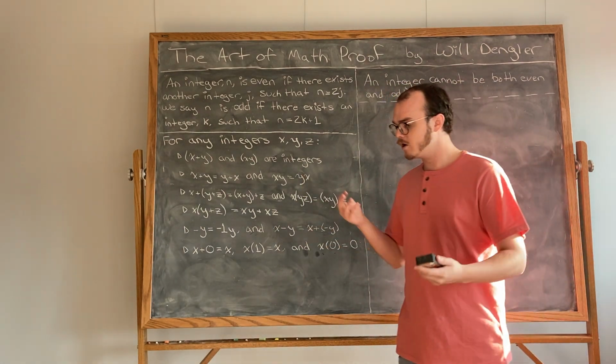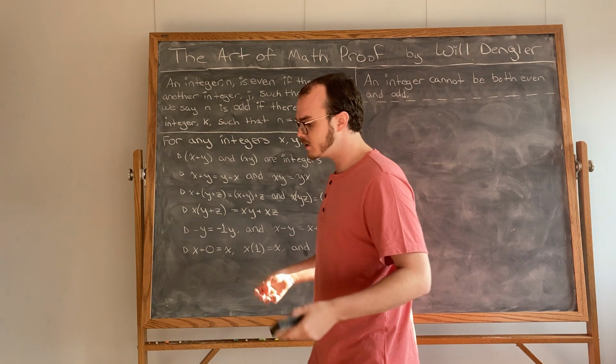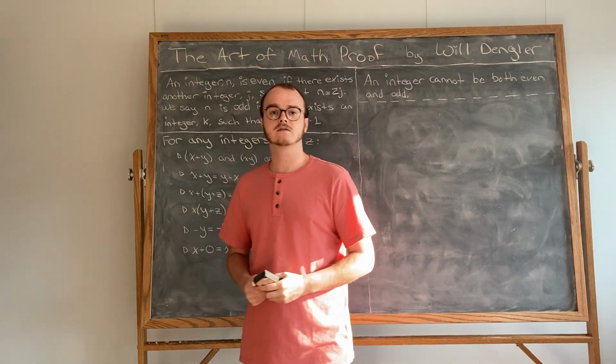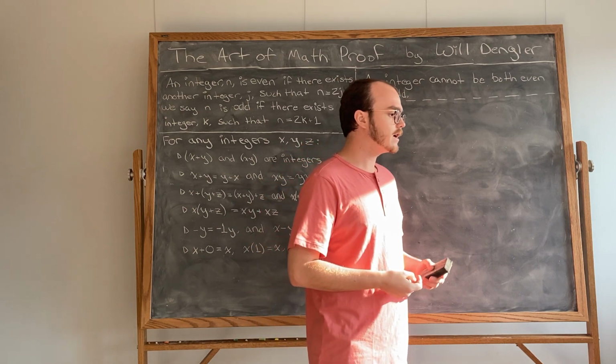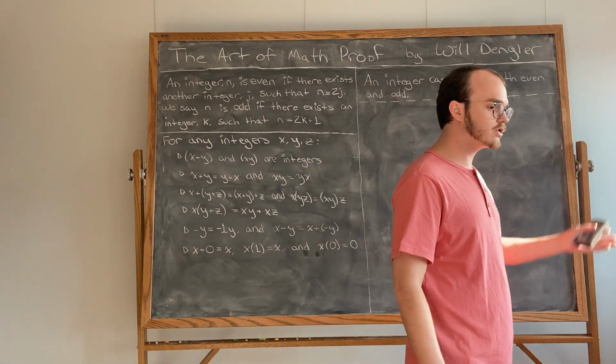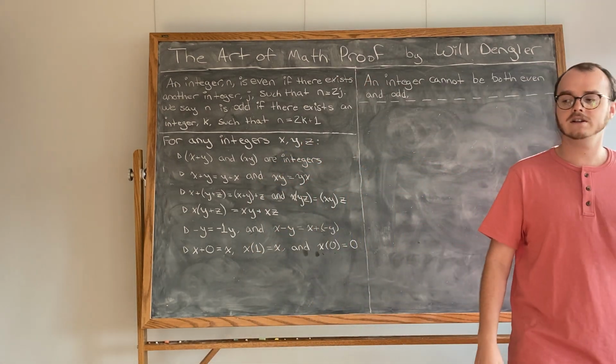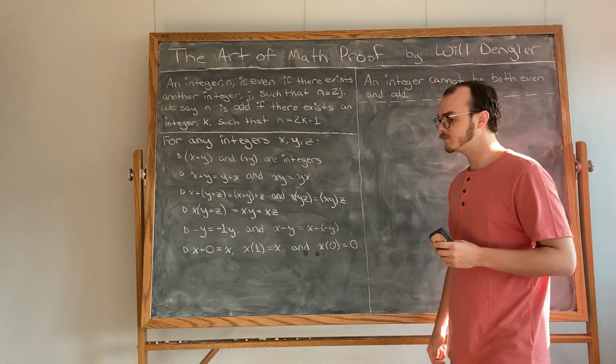So how on earth do we show that this assumption is incorrect? How do you work with something that can't possibly exist? How do you even assume you have both an even and an odd integer?